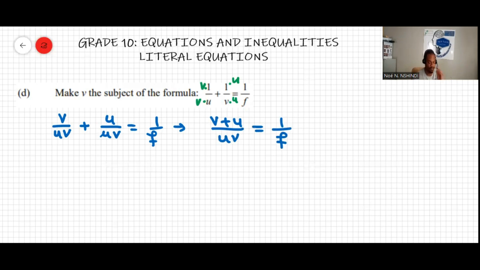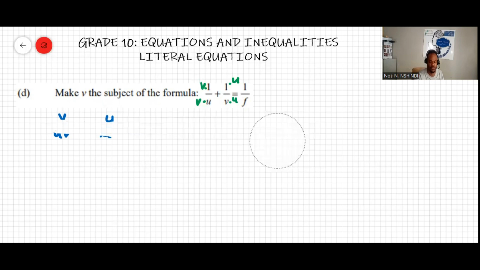Now that we have the left hand side as one fraction, we can apply the... What else can we do here? The steps are correct, but it's not really what I wanted to do. Let me do it this way.